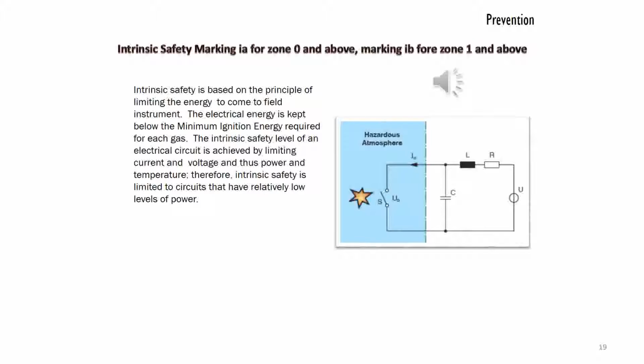The intrinsic safety level of an electrical circuit is achieved by limiting current and voltage and thus power and temperature. Therefore, intrinsic safety is limited to circuits that have relatively low levels of power.